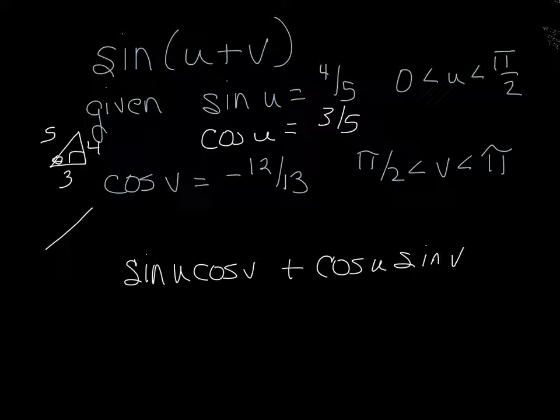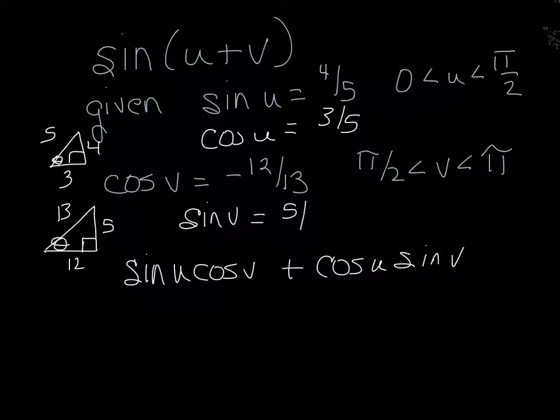If we think about this angle, and the cosine is 12 over 13, we know that this side is 5, Pythagorean triple, so the sine of v is equal to 5/13. Now we plug those values in.